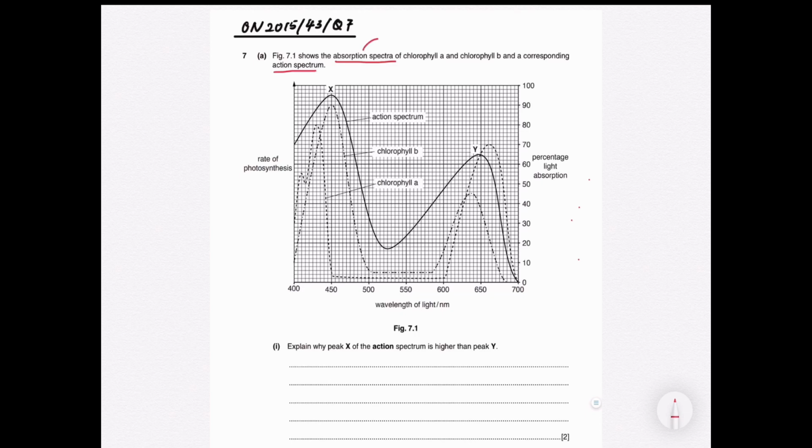An absorption spectrum is a graph that shows the wavelengths absorbed by the pigments, whereas an action spectrum shows the wavelengths used for photosynthesis.